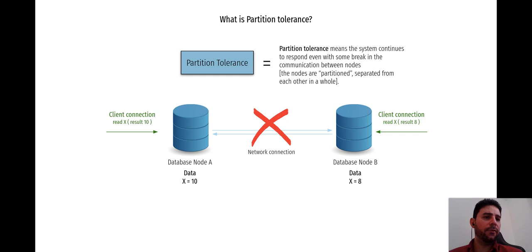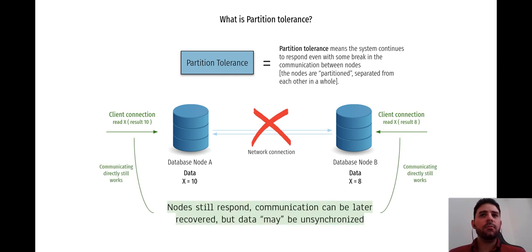All requests are fulfilled and the client gets a response back. So for the client, everything is just working fine. But in the backstage, maybe some communication break just happened. A system is considered partition tolerant if a partition happens and the communication and transparency still go through for the client.